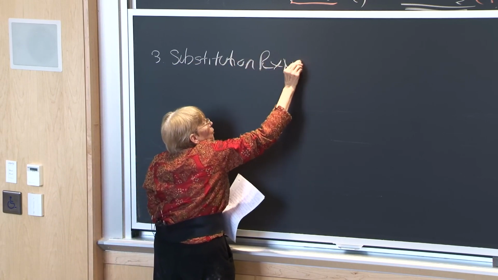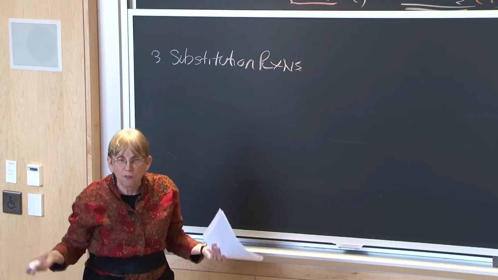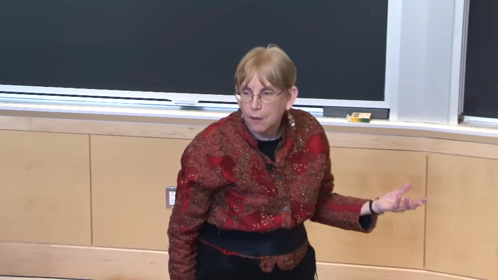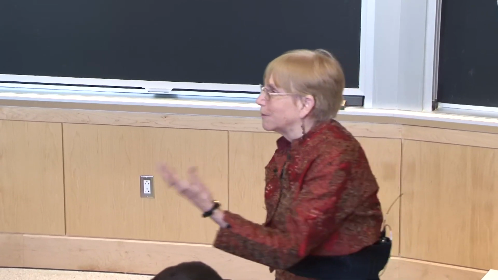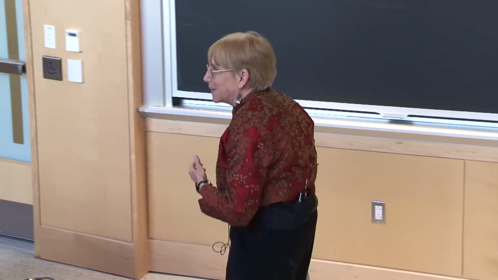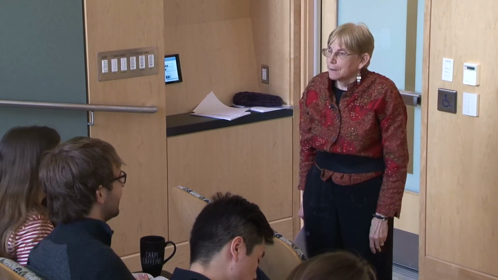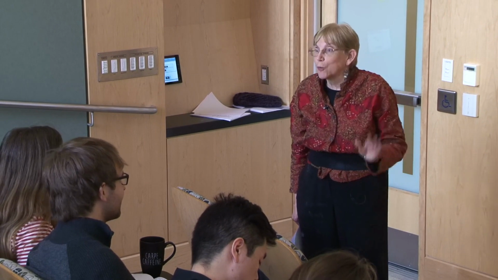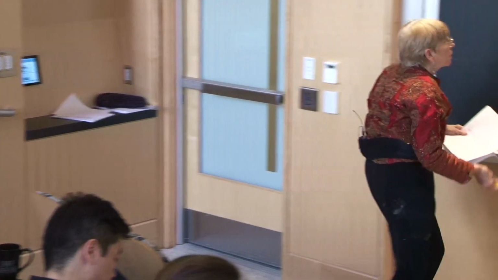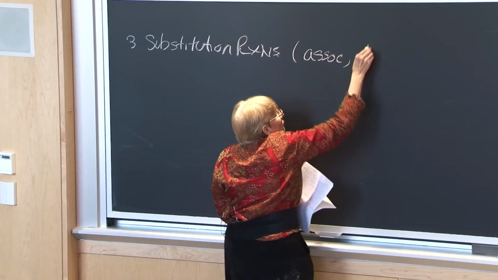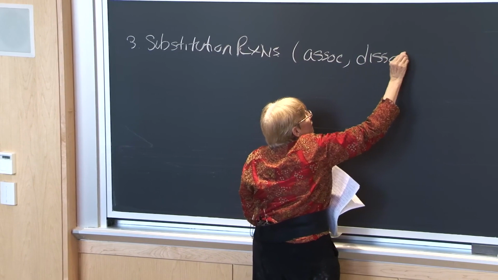Now, in organic chemistry, what kind of substitution reactions do you have? This is something hopefully you all remember from your organic chemistry. What are the two basic reactions you learn about in the first semester of organic chemistry? Right, SN1, SN2, associative, dissociative. Same thing in metals. So you need to think about associative. What does that mean? Dissociative.